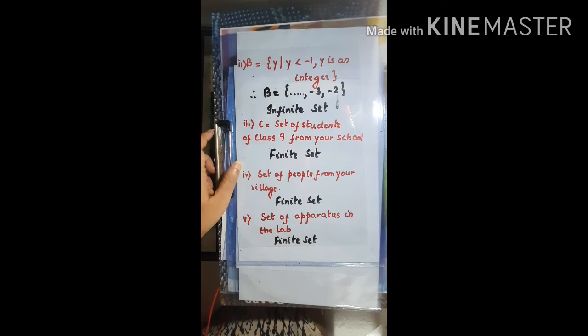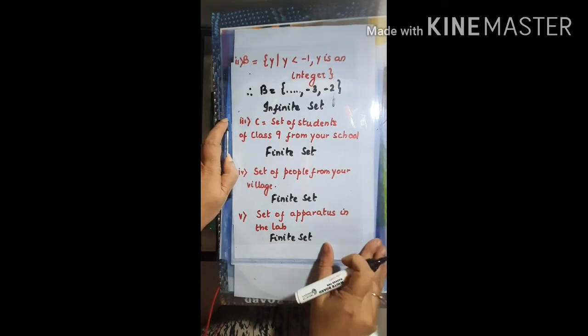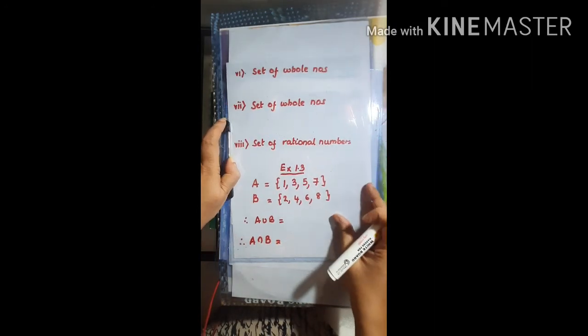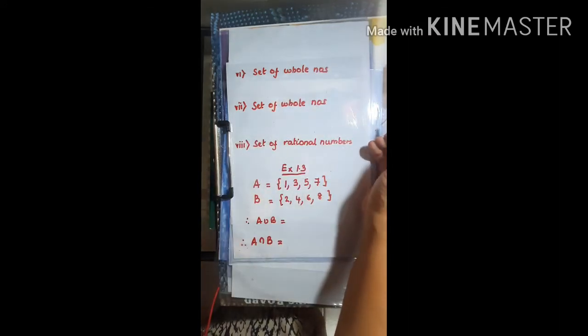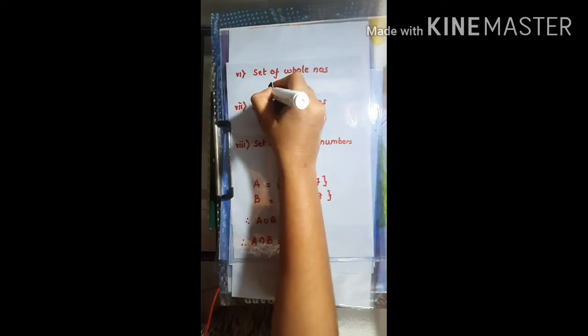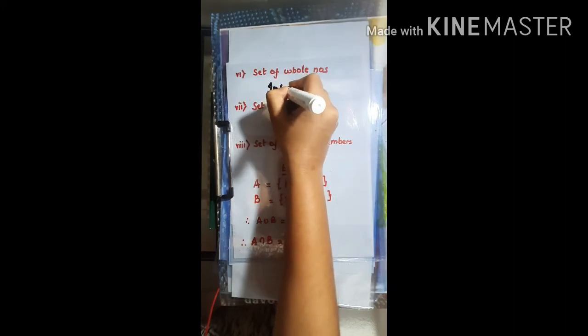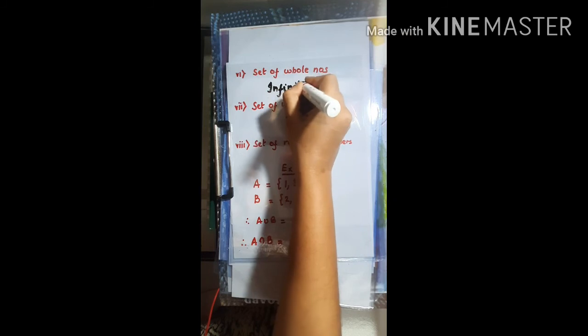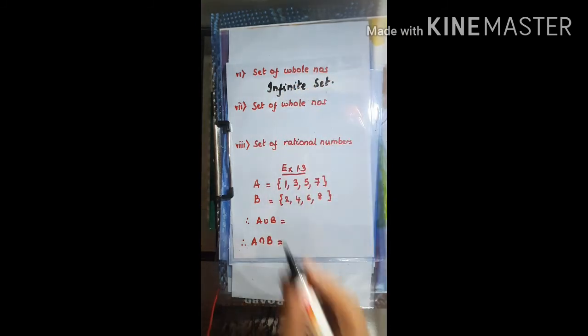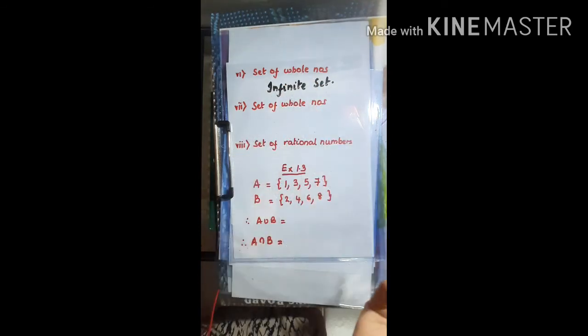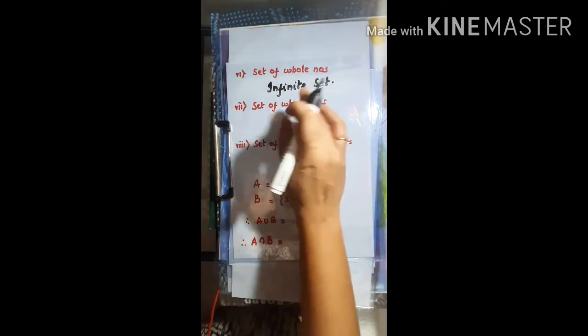Okay, let's go to the next sum. I have written all these sums out. Next one, set of whole numbers. Whole numbers start from 0, so they go on and on. So what type of set is it? It is an infinite set. Actually, I repeated it again, and this is natural numbers.